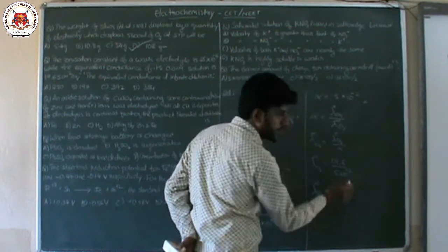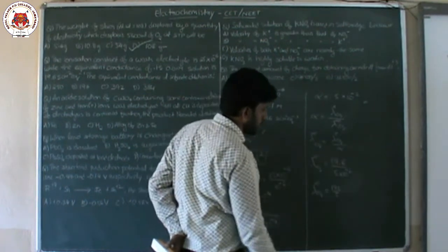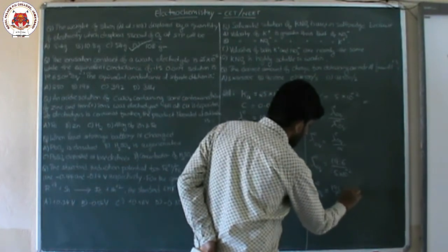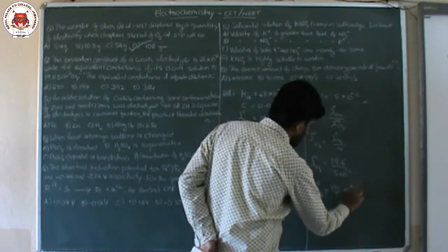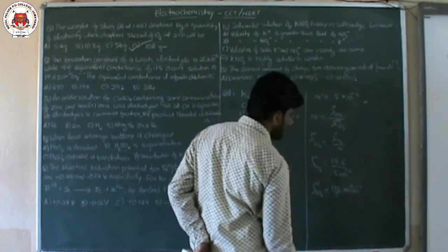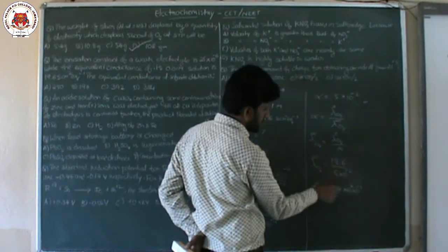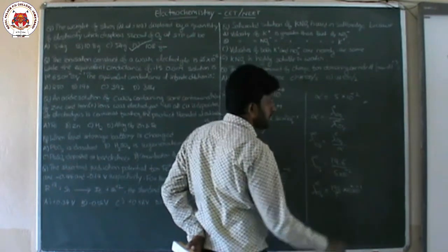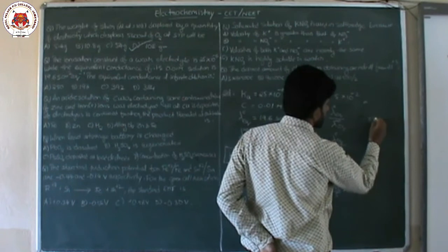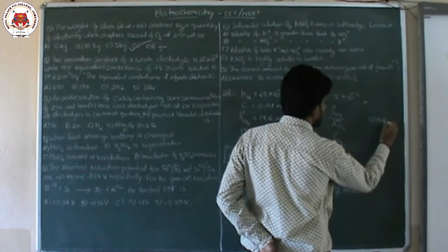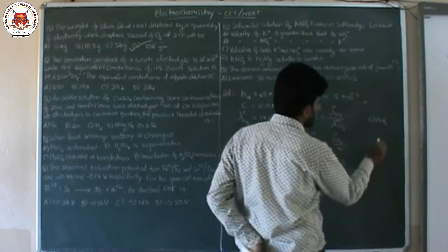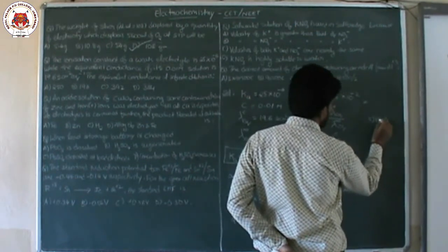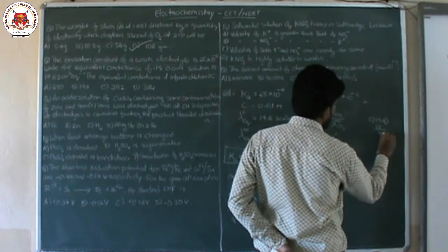This 10 power minus 2 goes to the numerator as 10 power plus 2, and 10 power 2 into 10 power minus 1, because I have written 19.6 as 196 for easy calculation. So we need to do 196 by 5.